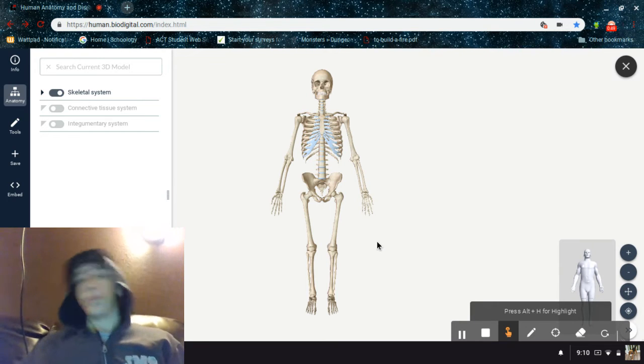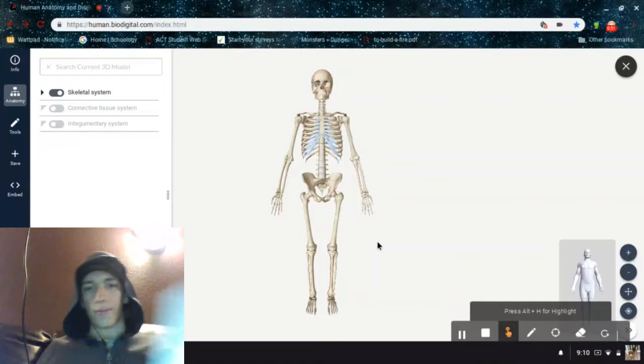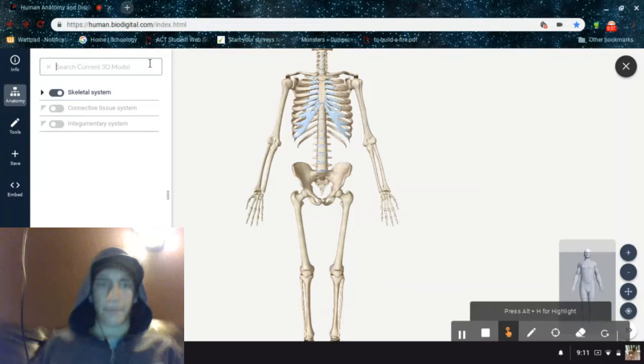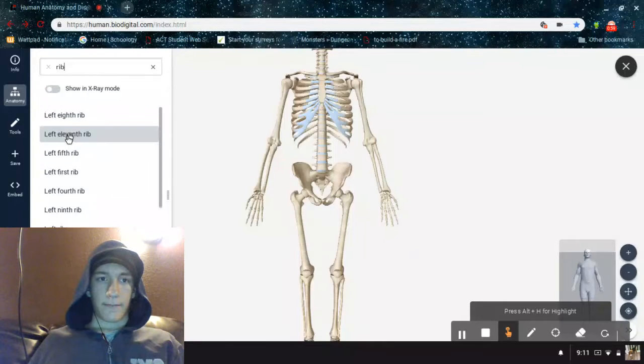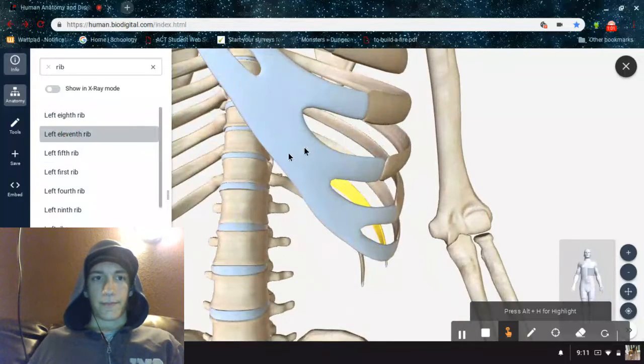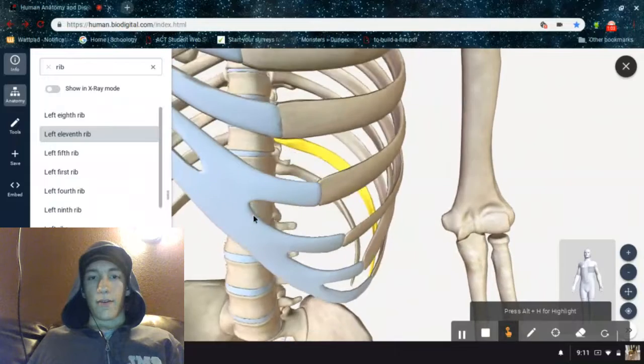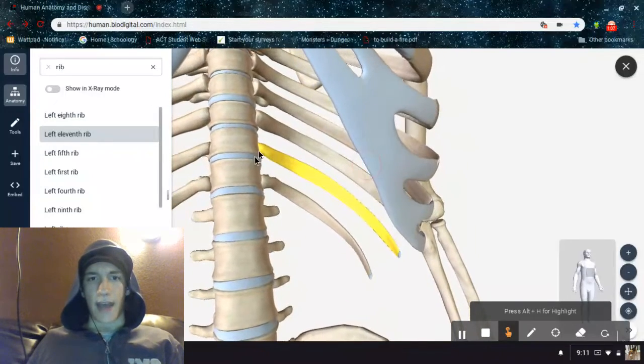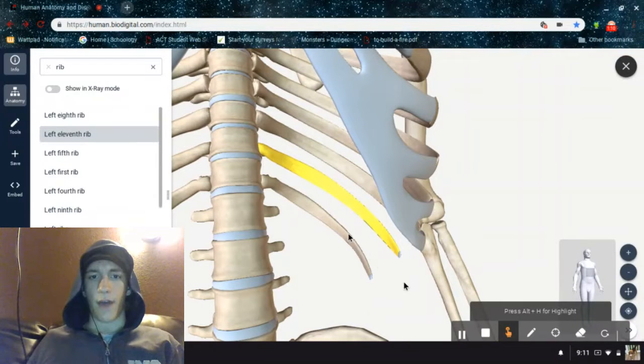And anyway, continuing where we left off, I believe last I was talking about the rib. Just brushing up here. This is the head of your rib. This is actually a floating rib. You can tell because it doesn't articulate with the sternum at all.